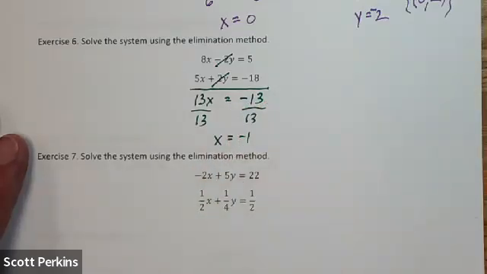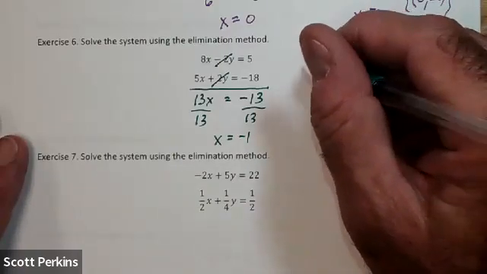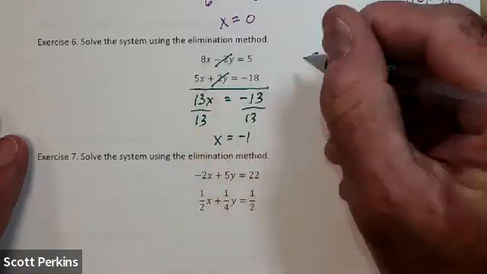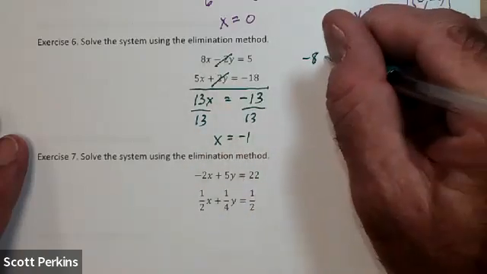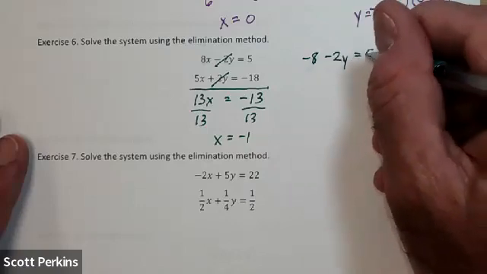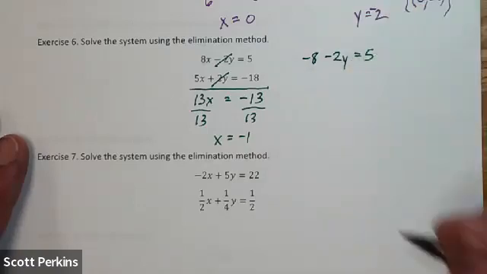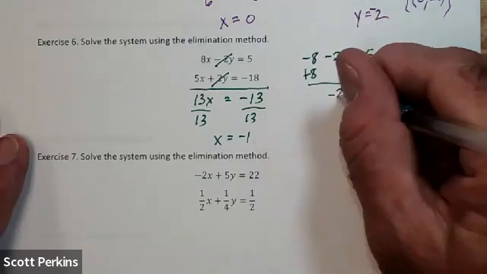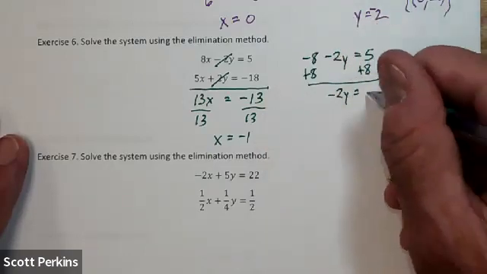Top equation or bottom equation to find out the y value? Okay, top is what I heard first. So 8 times the x value, 8 times -1, is -8. Minus 2y is equal to 5. I'll add 8 to both sides, and I get -2y is equal to 5 plus 8, or 13.